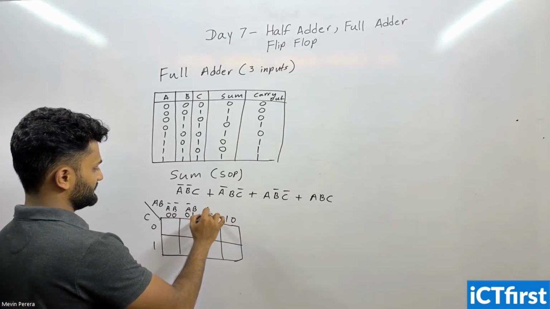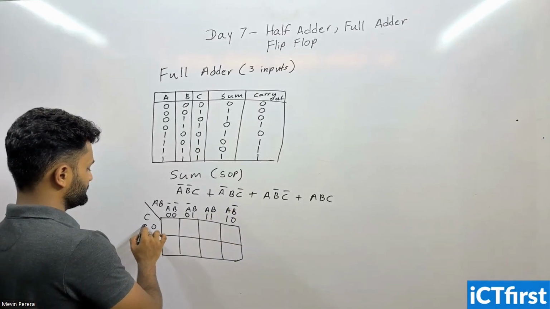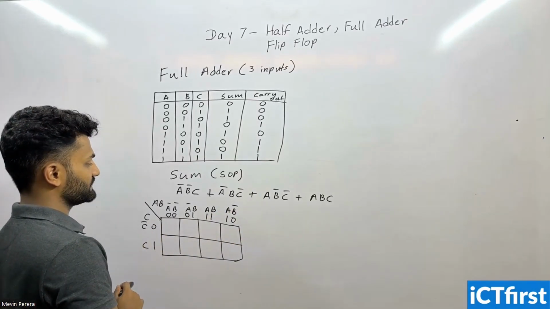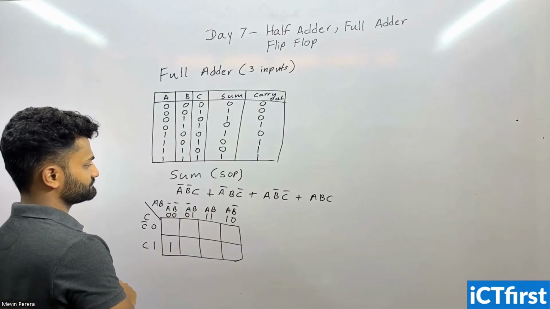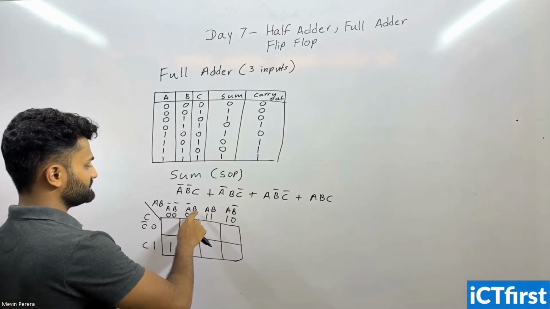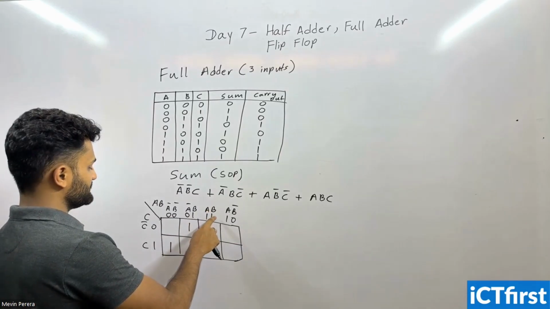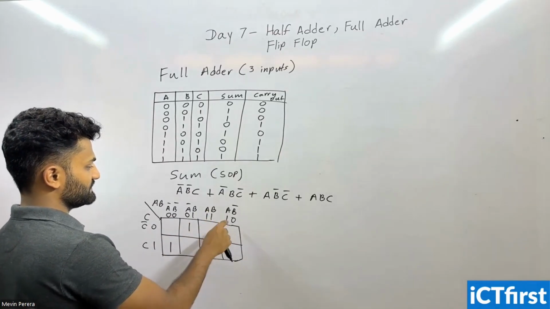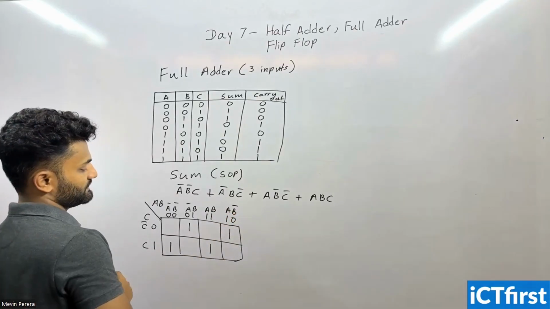Actually, we can't get a direct answer, but I'll show you the pattern which normally occurs. Okay, so A, B, C, this one. Then we got A bar, B, C bar, this one. Then we got A, B, and C this one. Then finally this part A, B bar, C bar, this one.